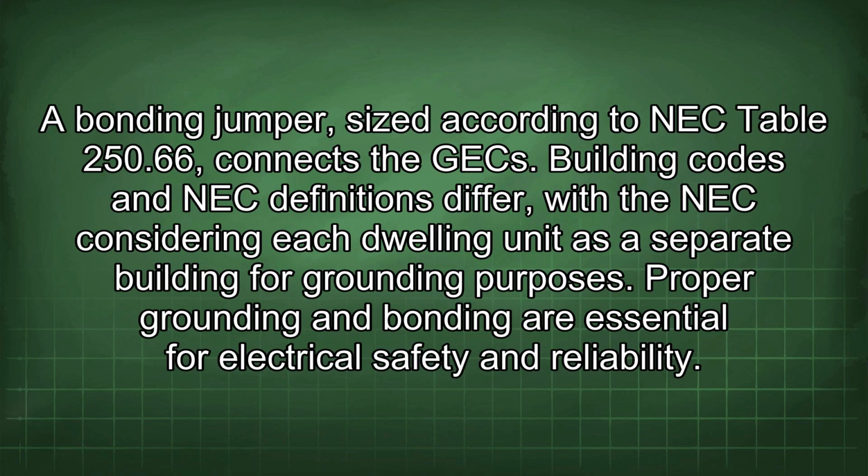A bonding jumper, sized according to NEC Table 250.66, connects the GECs. Building codes and NEC definitions differ, with the NEC considering each dwelling unit as a separate building for grounding purposes. Proper grounding and bonding are essential for electrical safety and reliability.